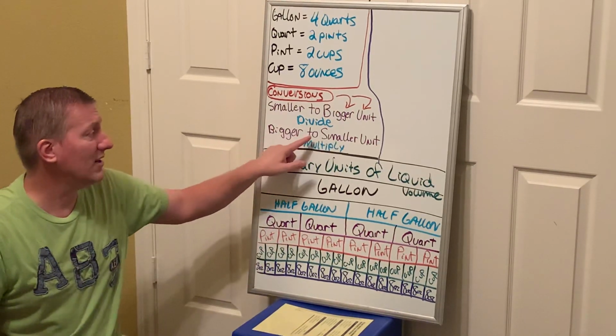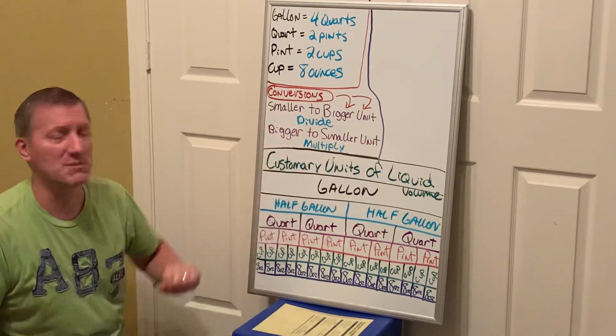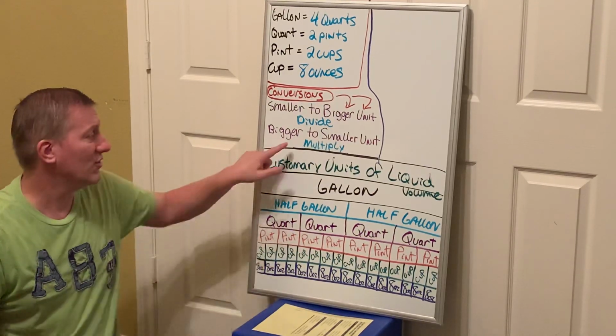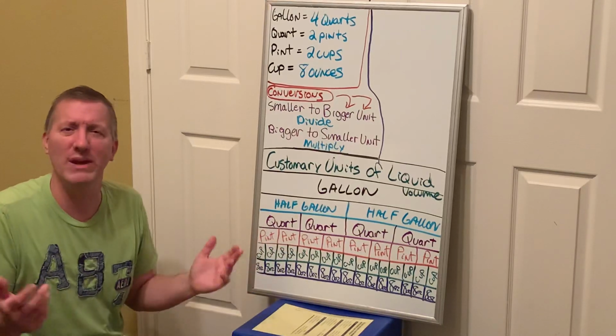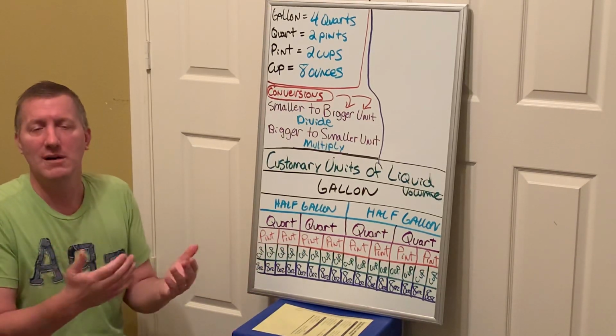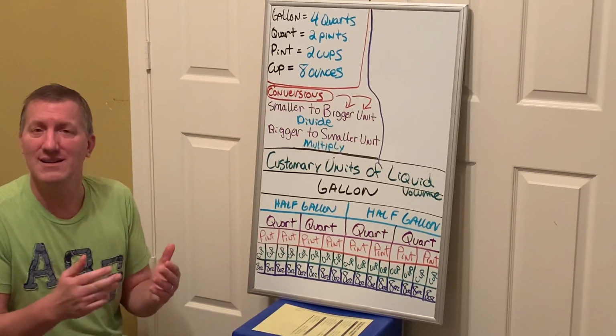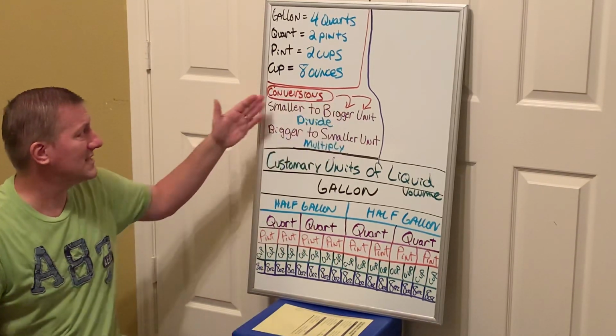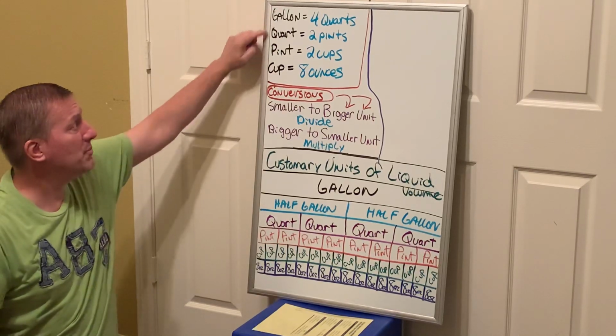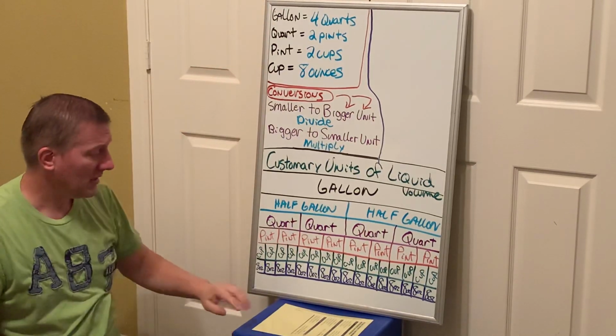If you have a bigger unit and you're moving to a smaller unit, you're going to multiply. So that rule stays the same. It's the same rule we had for measuring customary units of length. I've put the conversions up here.